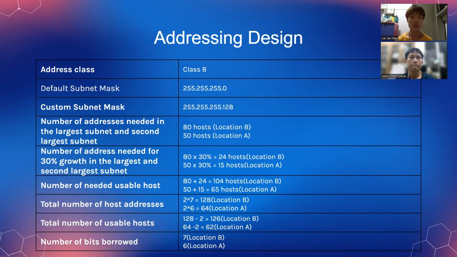The number of addresses needed for 30% growth in the largest and second largest subnets is 24 hosts in location B and 15 hosts in location A. So the number of usable hosts needed is 104 in location B and 65 in location A. The total number of host addresses is 128 in location B and 64 in location A. The total number of usable hosts is 126 in location B and 62 in location A. The number of bits borrowed is 7 in location B, and in location A we borrow 6 bits.